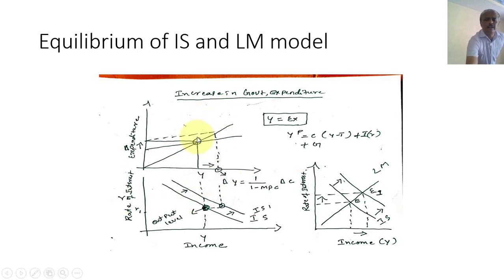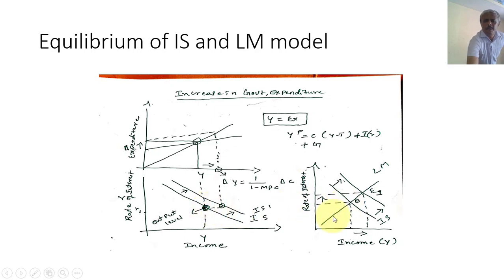Similarly, this is the equilibrium point; we have to draw a dotted line over here, then connect it with the optimum output level, this income. Similarly, as I already told, if expenditure increases, the IS curve shifts from left to right, to IS1, to show this relationship.